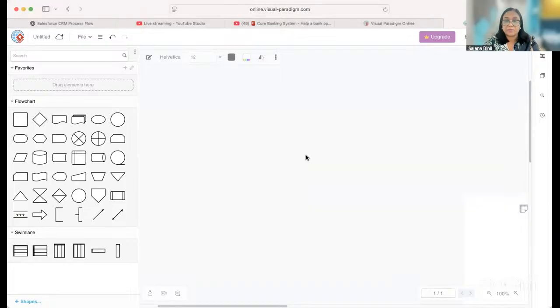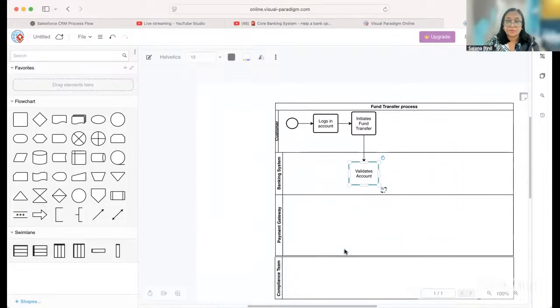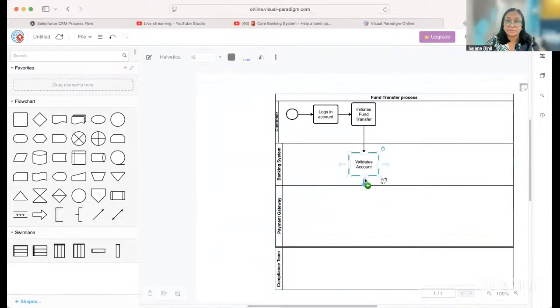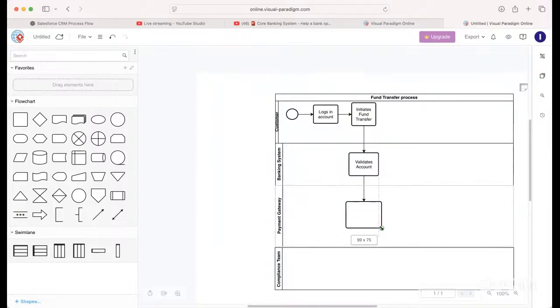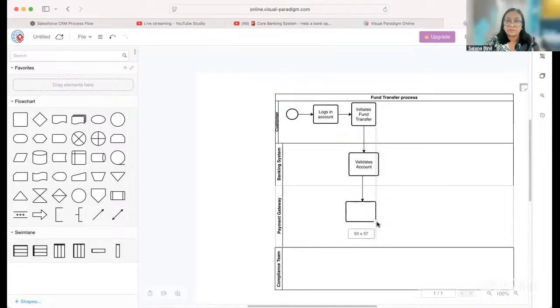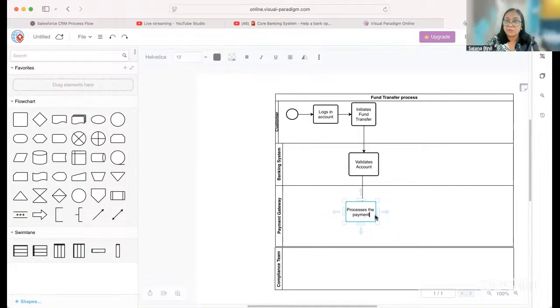Payment gateway processes. The payment gateway processes the payment, or processes the request. Correct.